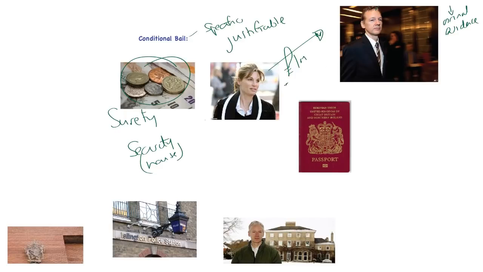And of course what happened was Julian Assange breached the terms of his bail. He sought asylum in an embassy, which meant that Jemima Khan and the other people who were supplying the surety lost their £1 million. It might also be the case that the defendant might have to surrender their passport as part of the bail condition.